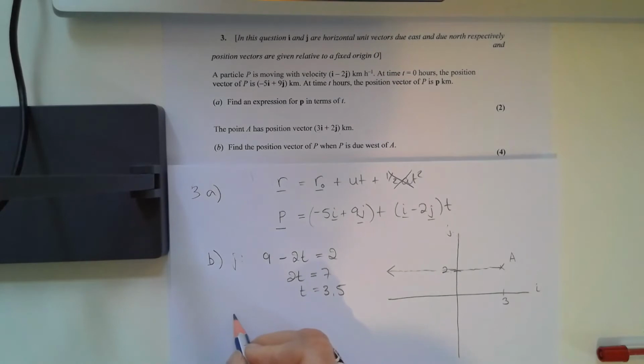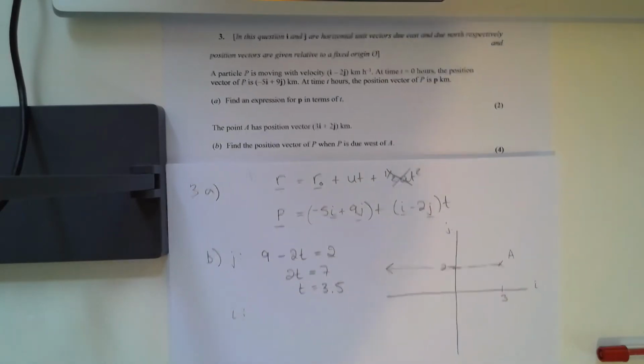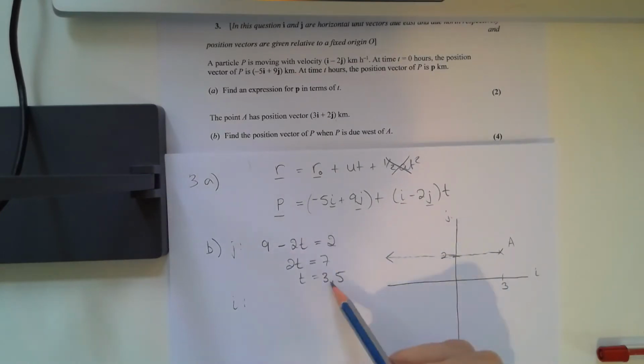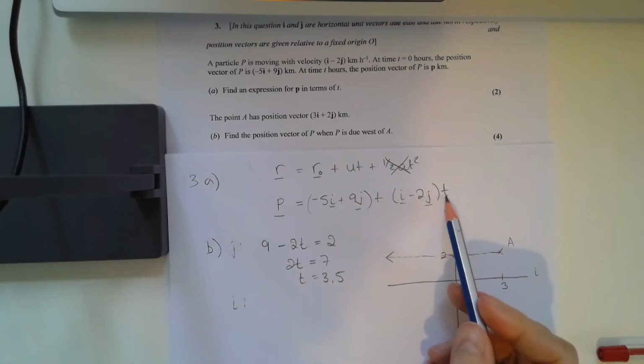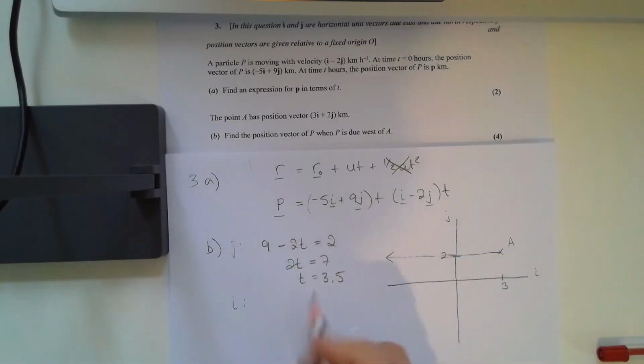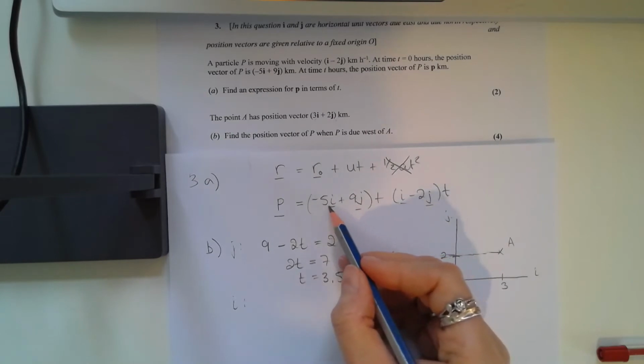And now I can use that in another equation that I can make to find the i component, or I can substitute t into this equation here and just multiply out and then simplify the terms. But I think it's quicker to make an equation for i.